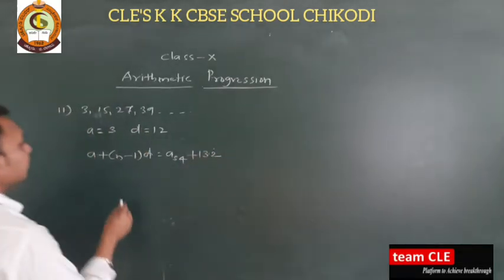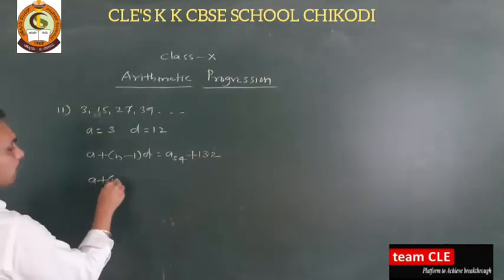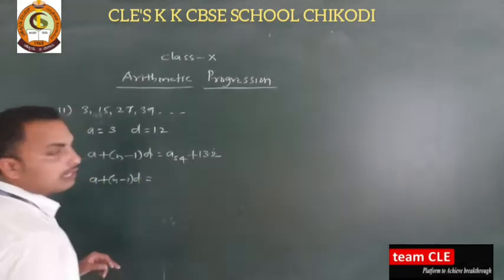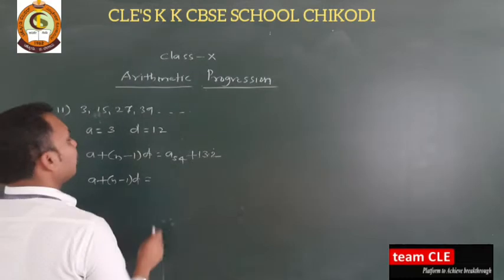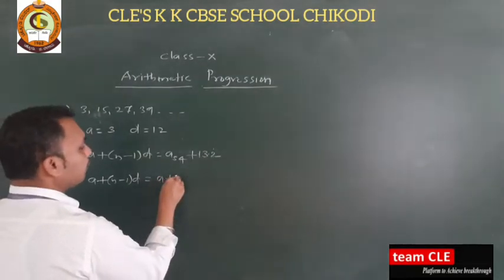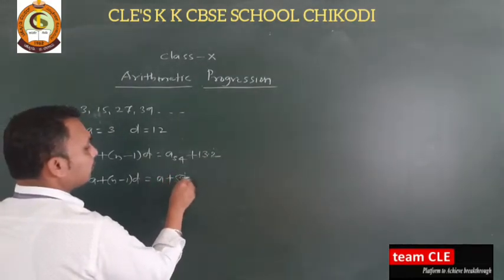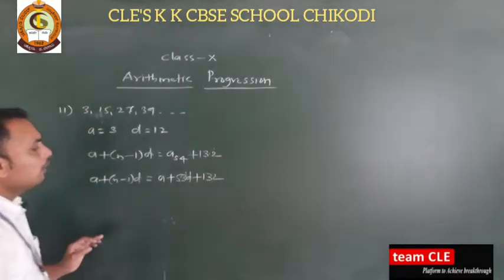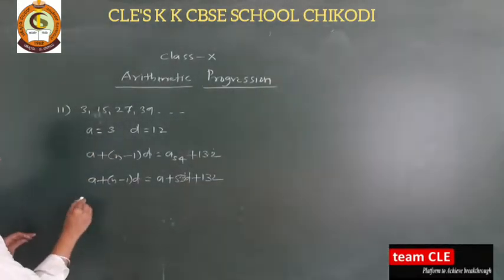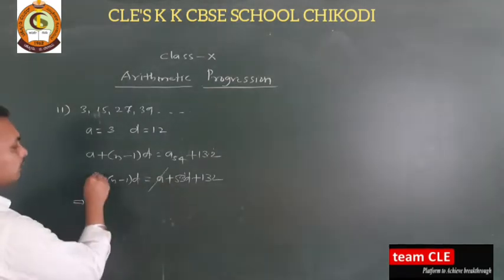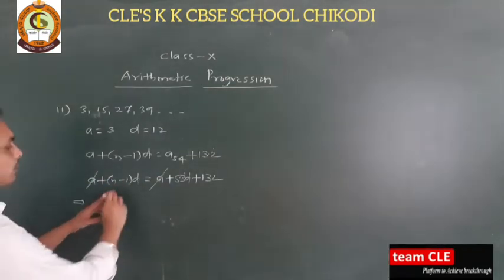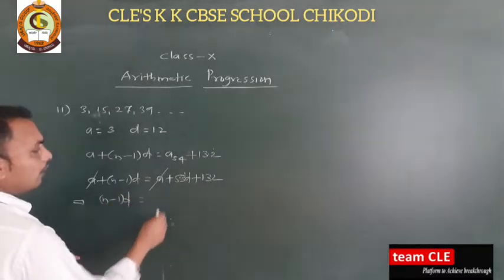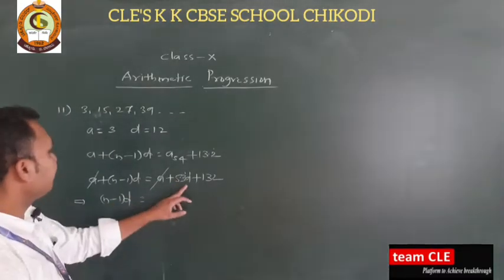Now A plus (n minus 1) into d is equal to A54. How can we write it? You know it very well. A54 is A plus 53d plus 132. Now this implies this A and this A get cancelled. Next we have (n minus 1) into d, and here we have 53d.